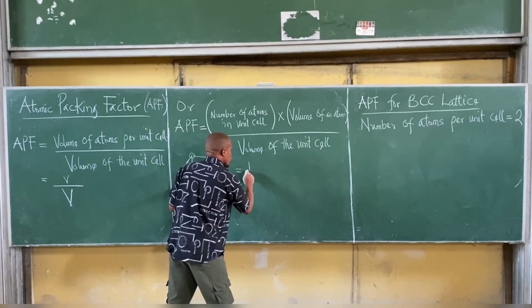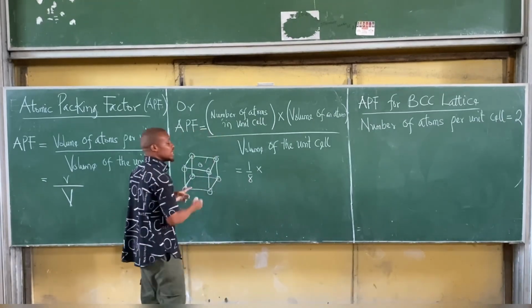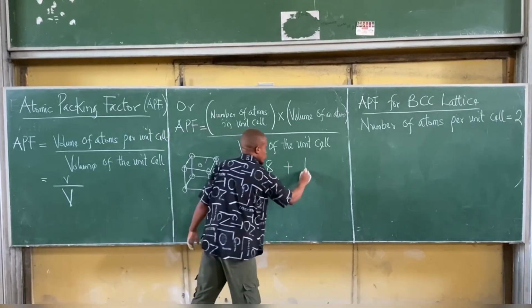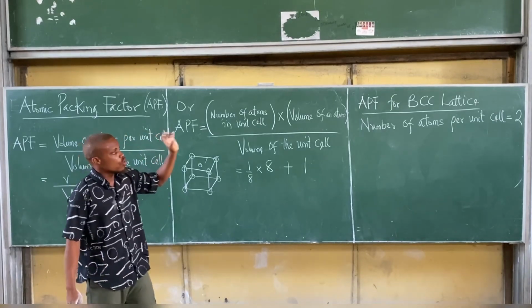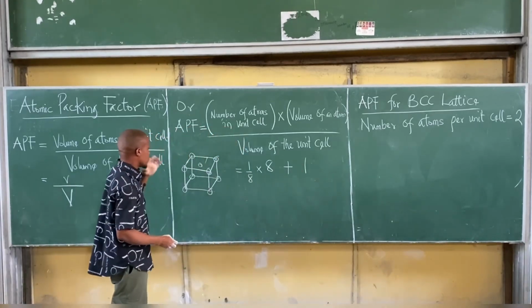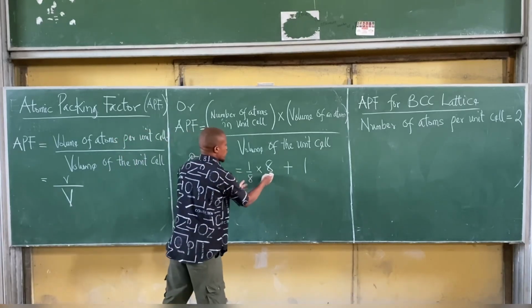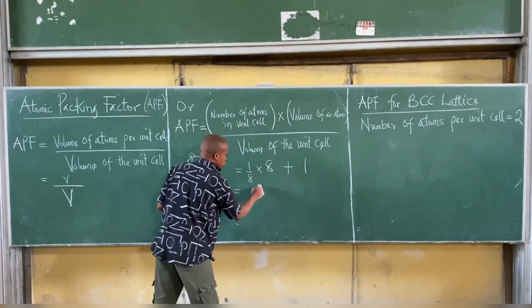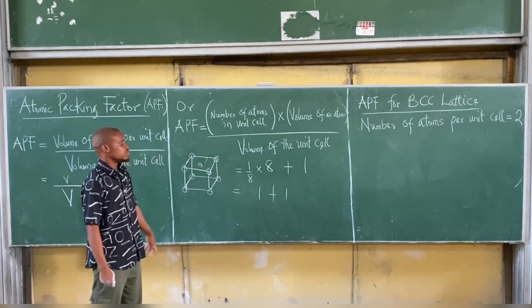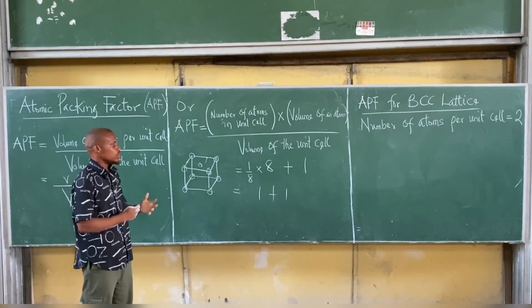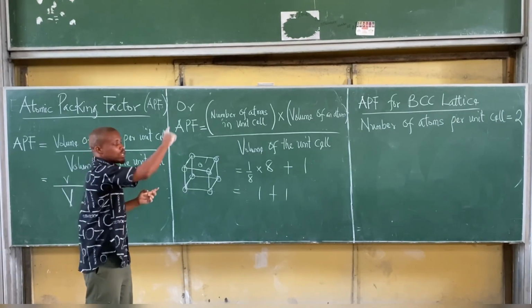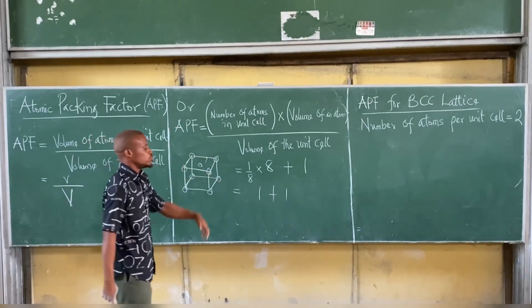So the number of atoms for a unit cell of a BCC lattice is 1/8 times 8 plus 1 in the middle, which is 1 plus 1, which is 2.